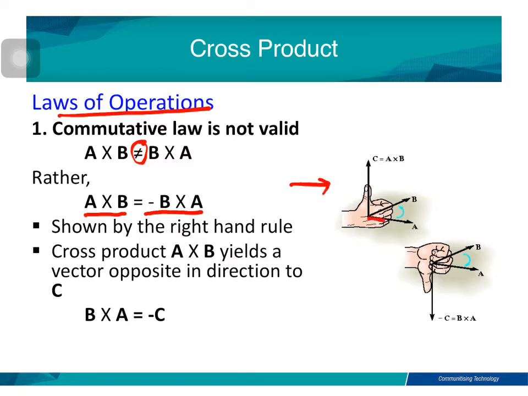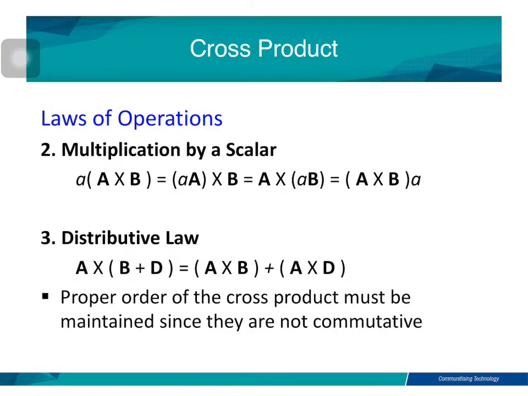Now this is A and this is B. A cross B gives us C here. But based on this figure, if we have B cross A, we are going to have negative C.